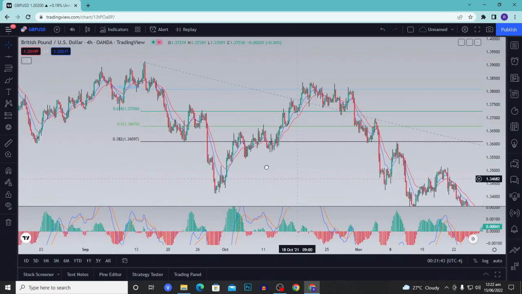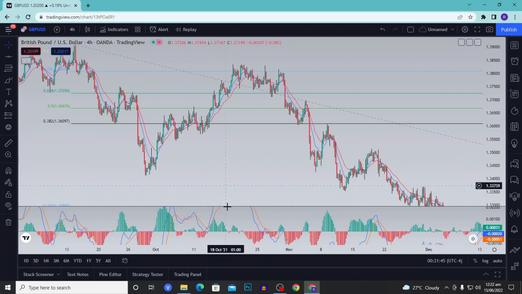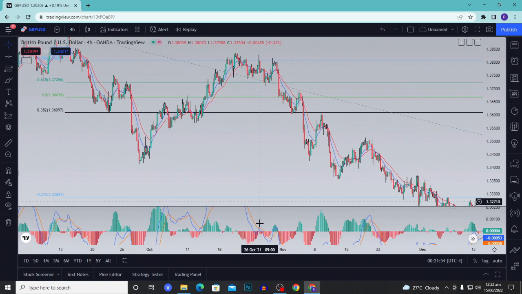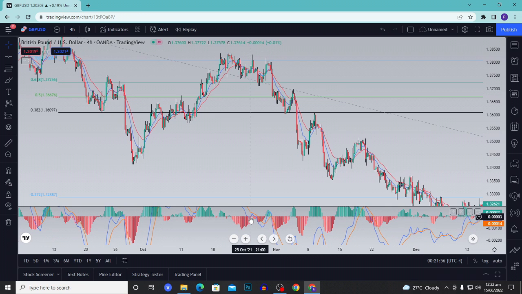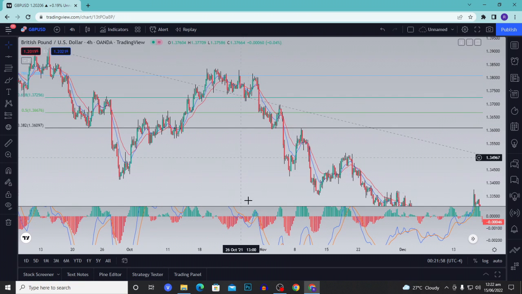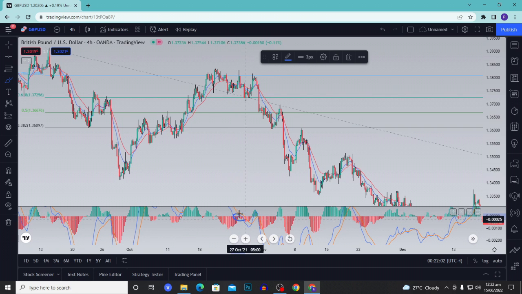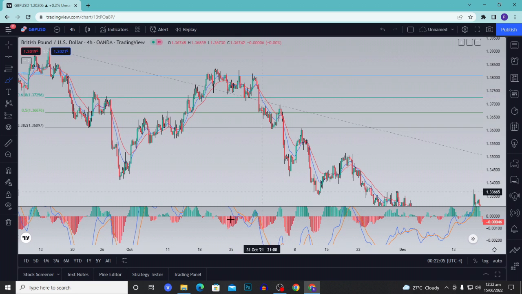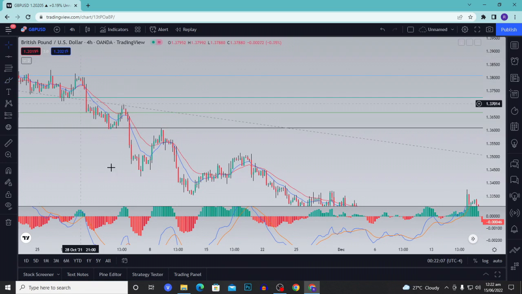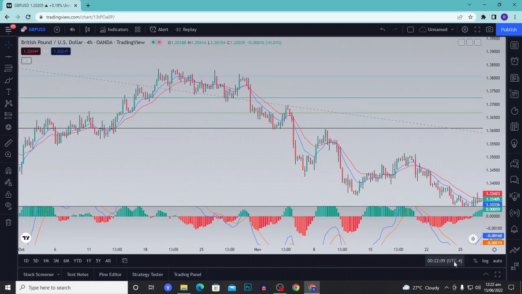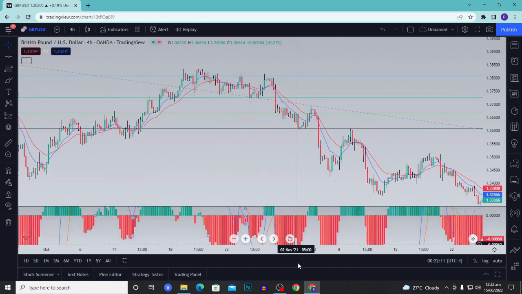And because price is retracing or pulling back, our MACD line is above the 0 point. So we're looking for the MACD line to cross below the 0 point. And in this case, it happened right here. Don't know if you can see. Zoom in a bit just to make things clearer.